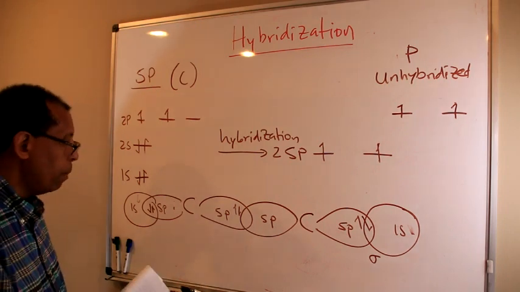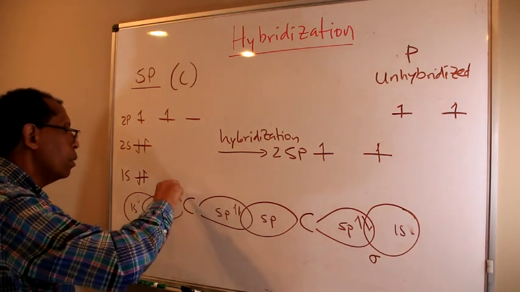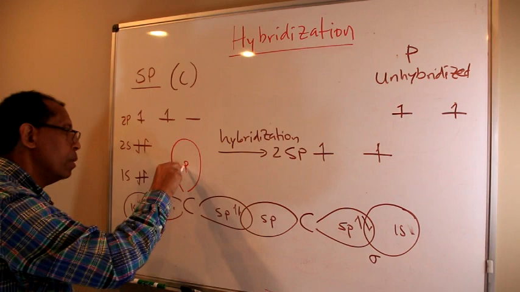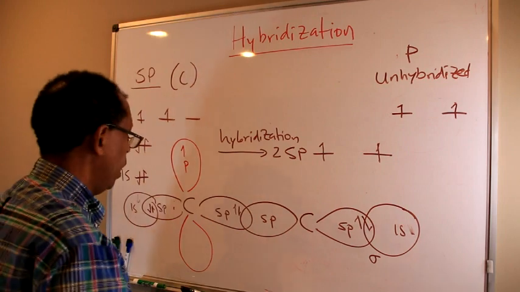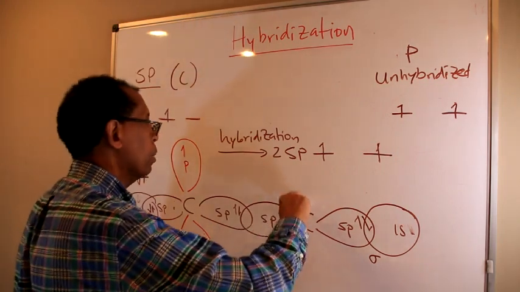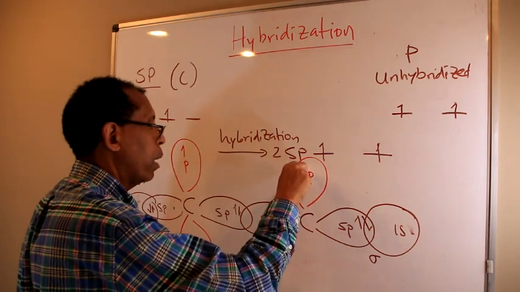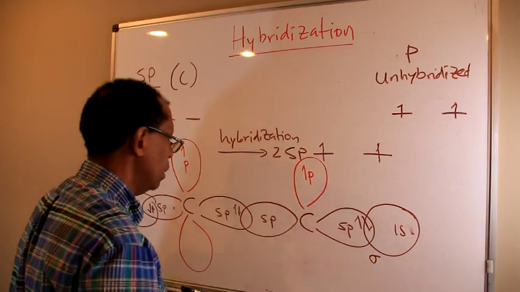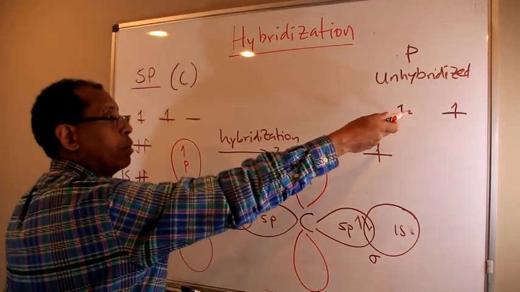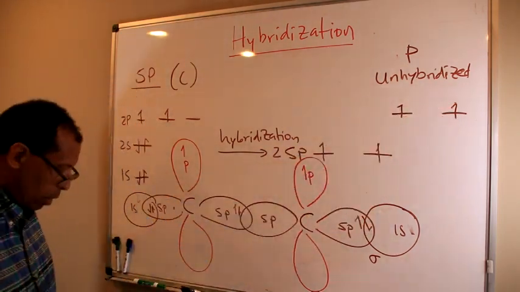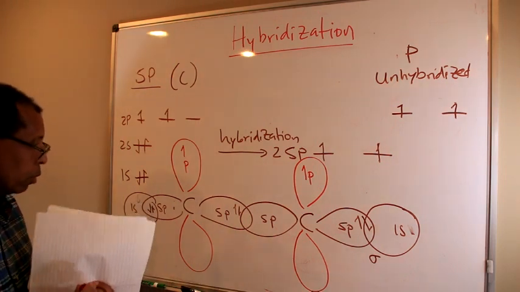So one of them is 90 degrees to the other. So you will have this p orbital containing one electron, and the other p orbital similarly would have one electron. They are equal size, but I'll just draw it here. So each one of them has one, so they would have four of them. Now the other p orbital is 90 degrees to the other one.